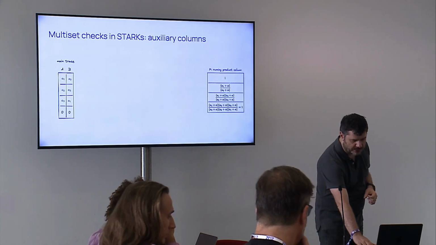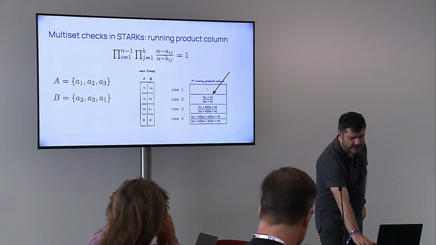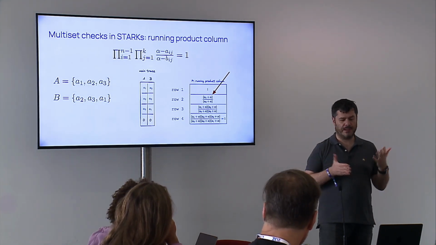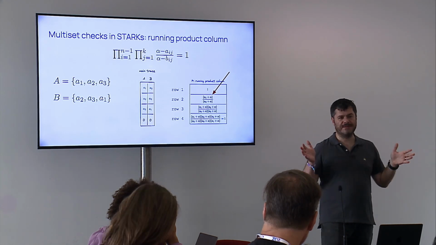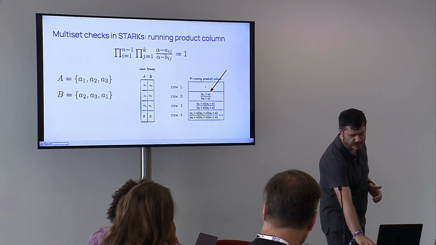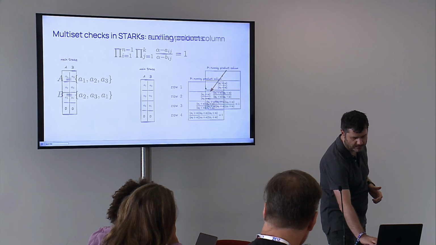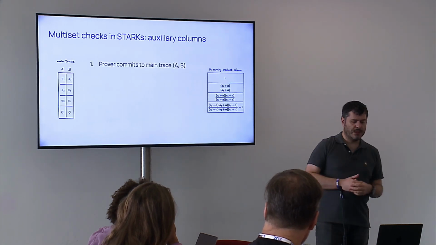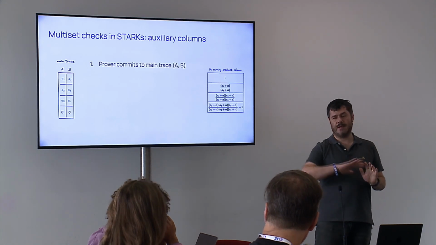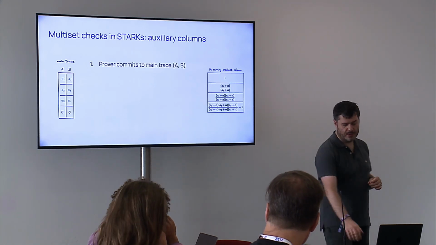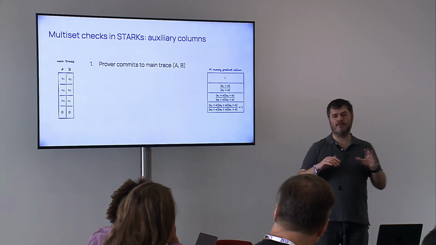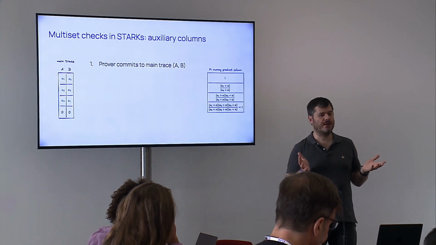Yeah. So there is one problem with this, though, which is that as soon as we introduce randomness, our trace is usually base field elements, so randomness adds a little bit of complexity here. What we need is an auxiliary trace, as we call it, which is actually in an extension field, and this really matters only if you're in a small field, which most STARKs nowadays tend to be.